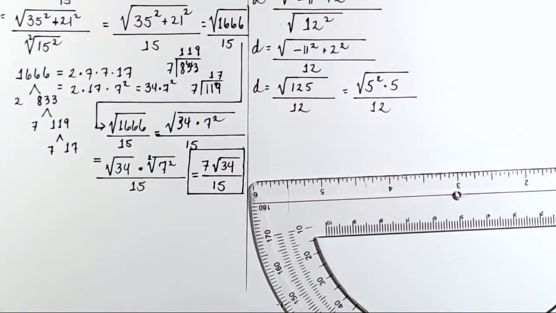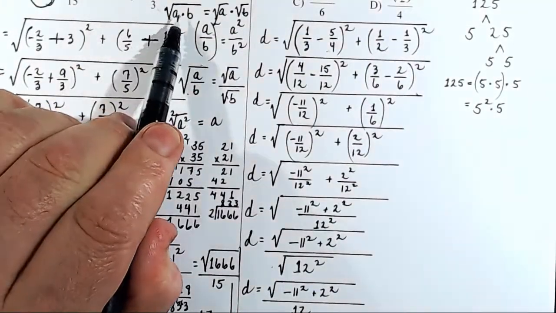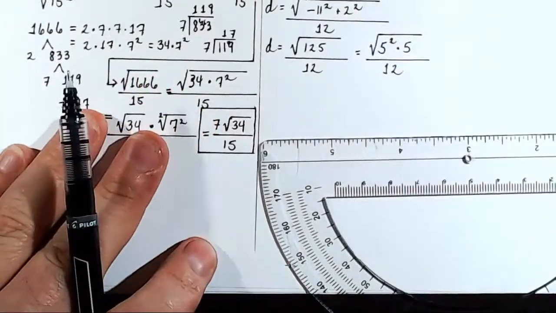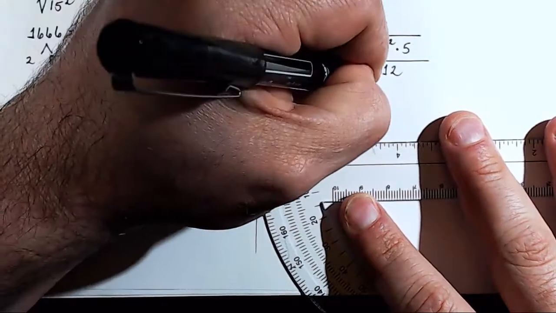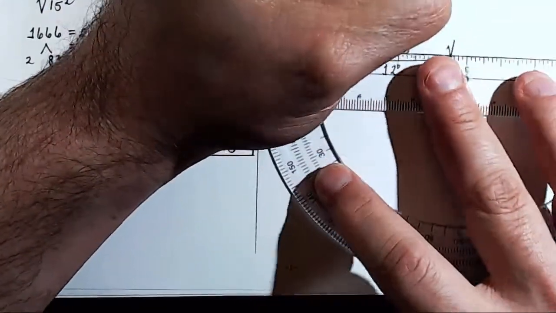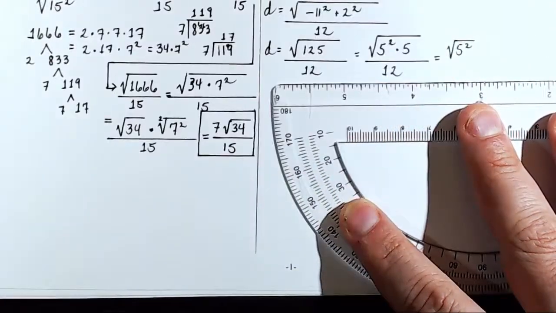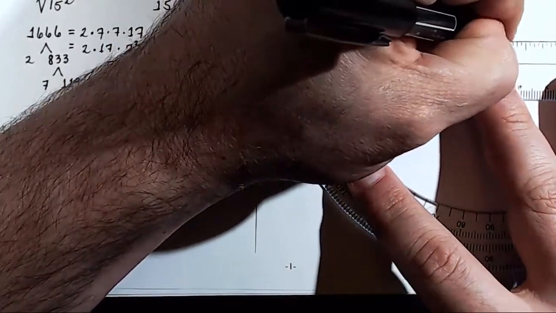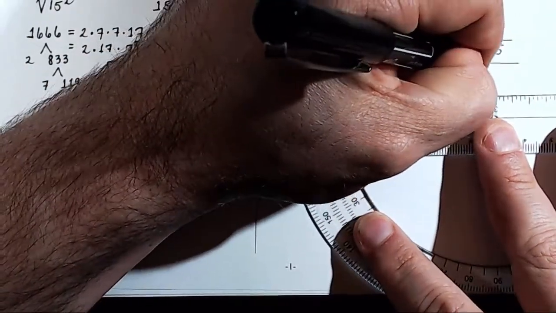And here's the thing. We can break up using this rule here. The square root of a times b is the square root of a times the square root of b. Right? We can use that rule right now. You say equals the square root of 5 squared times the square root of 5 all over 12.